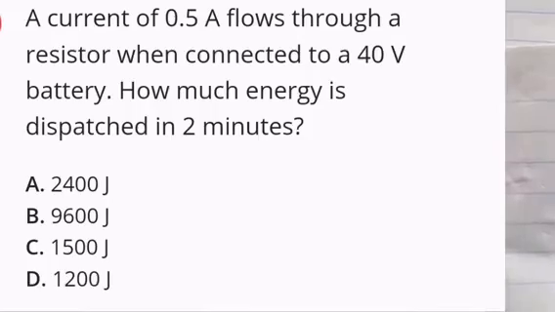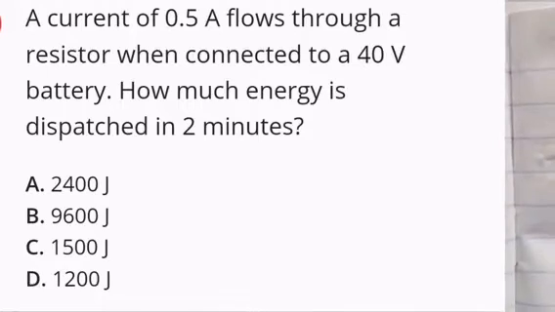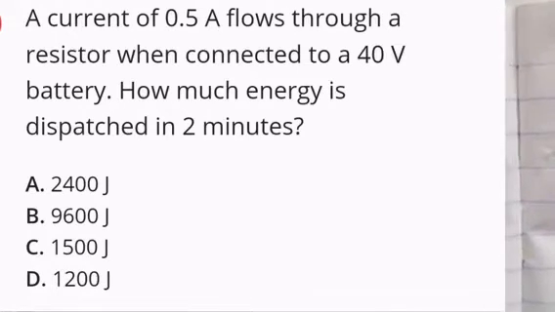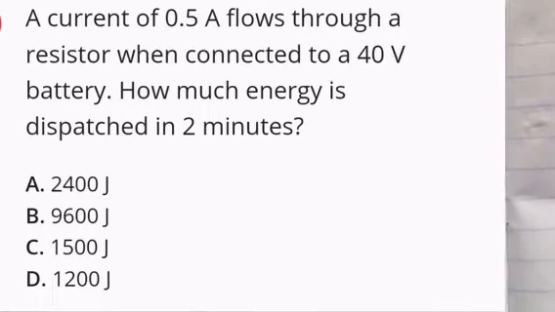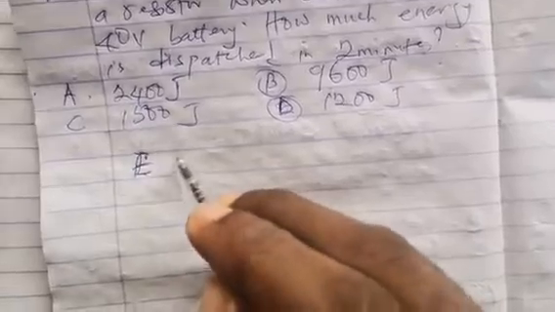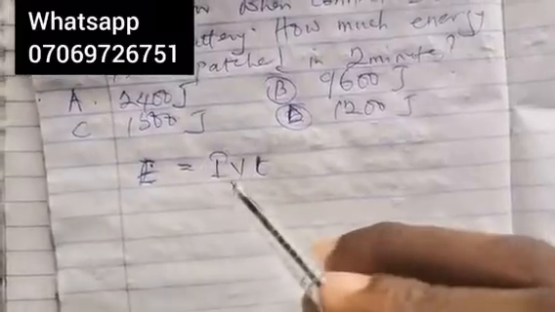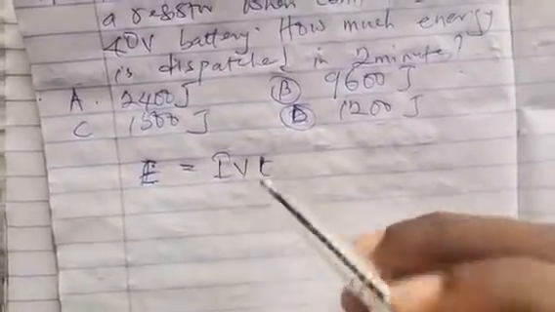Question 19 says a current of 0.5 amp flows through a resistor when connected to a 40 volt battery. How much energy is dissipated in 2 minutes? Option A says 2400 joules, option B 9600 joules, option C 1500 joules, option D 1200 joules. To determine the energy flowing through a resistor, the formula is energy equals IVT, where I stands for the current, V for the voltage, and T for the time.